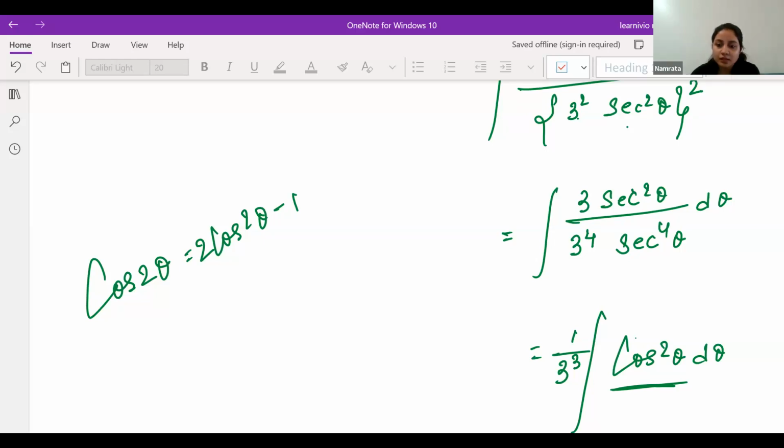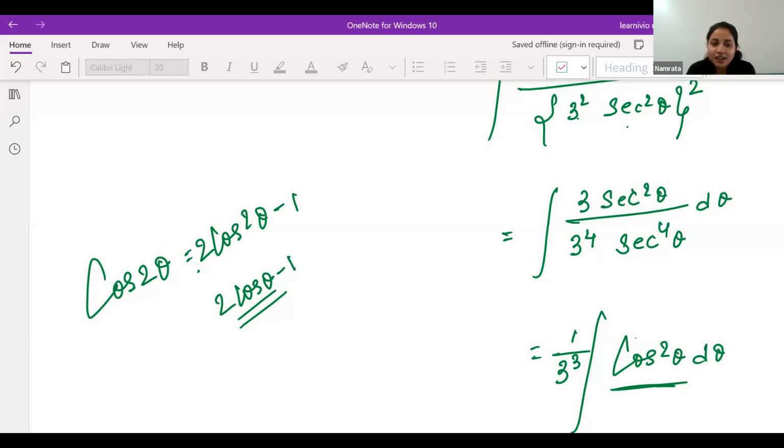Ma'am, that 2 cos theta minus 1, it should be like that. Is it so? The formula is 2 cos theta minus 1. I have written both the parts, I am saying that it will be 2 cos square theta minus 1, and you are saying it will be 2 cos theta minus 1.